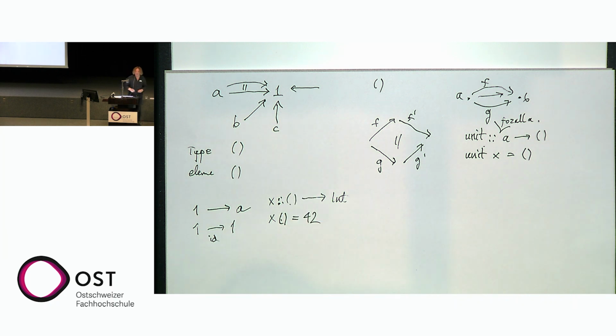So this arrow serves the purpose of picking elements. An arrow from 1 to any type is called, in category theory, a generalized element. In fact, what we are doing in Haskell, every time I say let's use an element of this type, secretly I'm thinking of an arrow from the terminal object to this type.